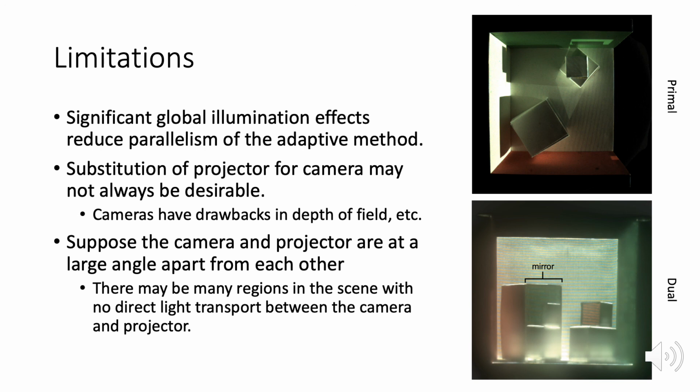Third, suppose the camera and projector are at a large angle apart from each other. Only a small amount of light from the projector will go to the camera, which also means when we trace these lights back, only a small amount of light goes to the projector eventually. So we cannot recover the dual image robustly.